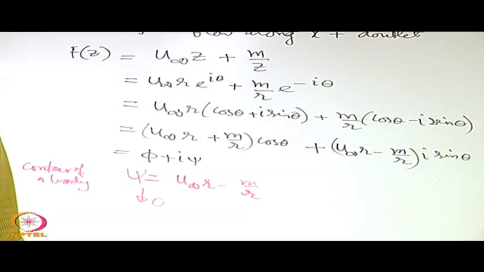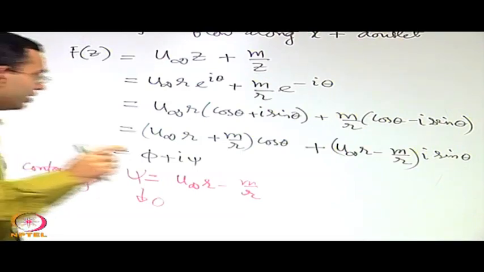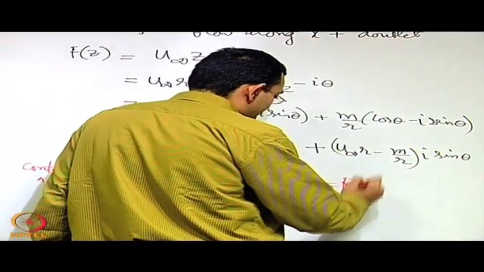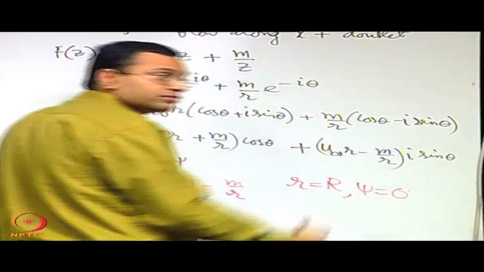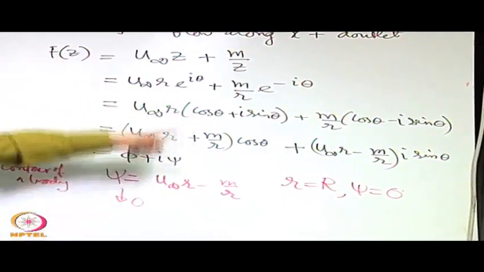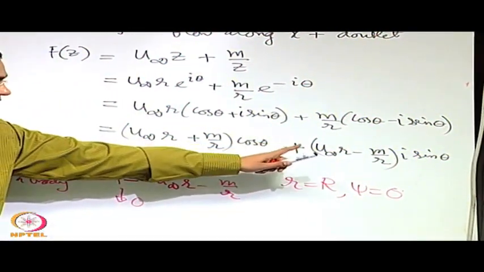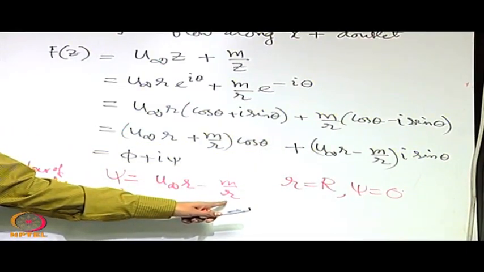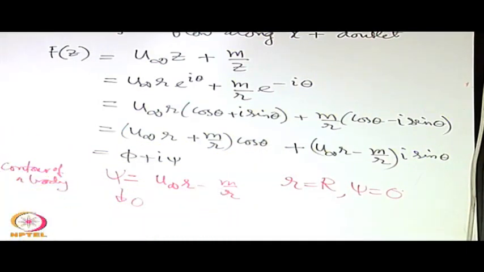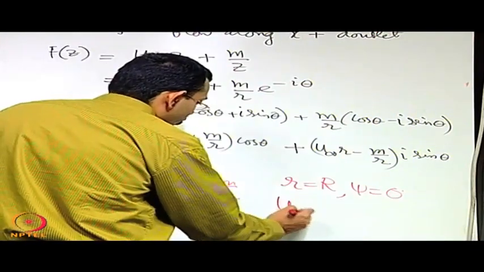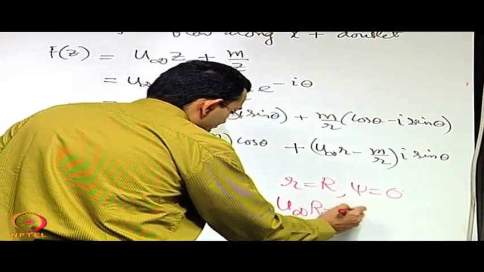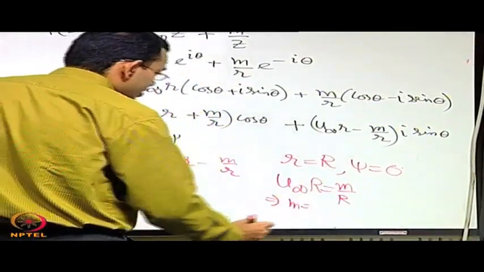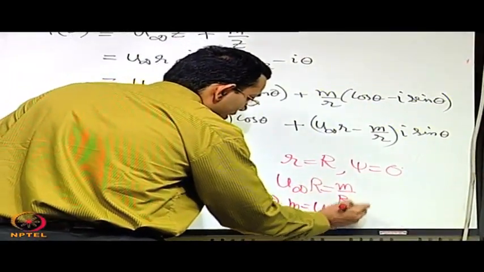That is a circle, right. So let us say that you have at small r equal to capital R, psi equal to 0. You can see from this superposition that in this example it is solely a function of the radius, not a function of theta. So that means in that case you have u infinity into r is equal to m by r, that means m is equal to u infinity into capital R square.